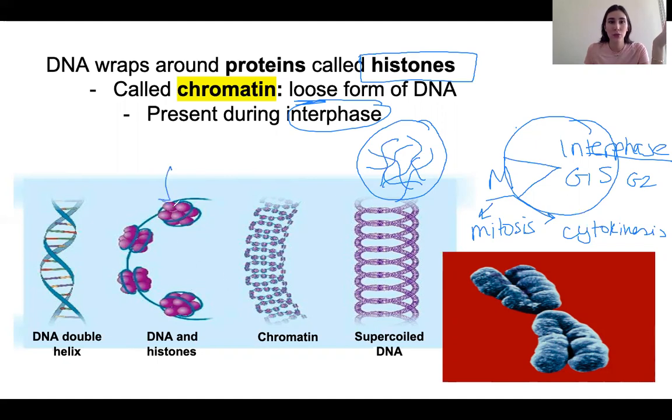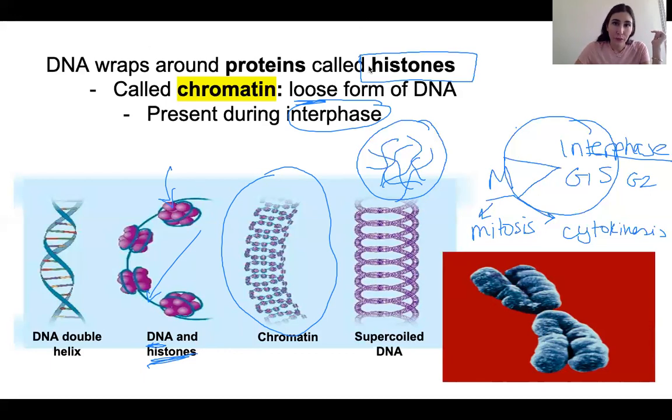So you can see histones right here. They look like these purple grapes. And essentially chromatin, the blue strand you see right here, is going to wind and wrap around it, and then you'll end up with something that looks like that. So this is chromatin, basically the DNA that has been wrapped around the protein histone, and it's still in its loose form.